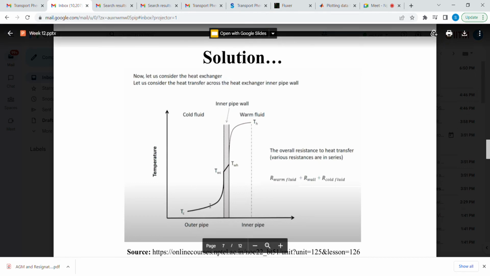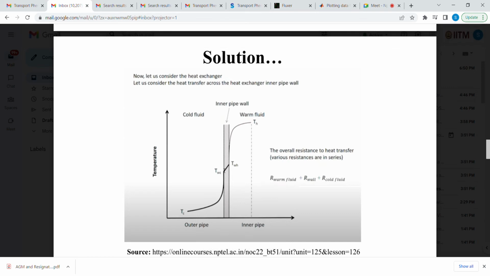So what you can see from this, how can we describe this phenomenon? Let's leave this thickness part out.